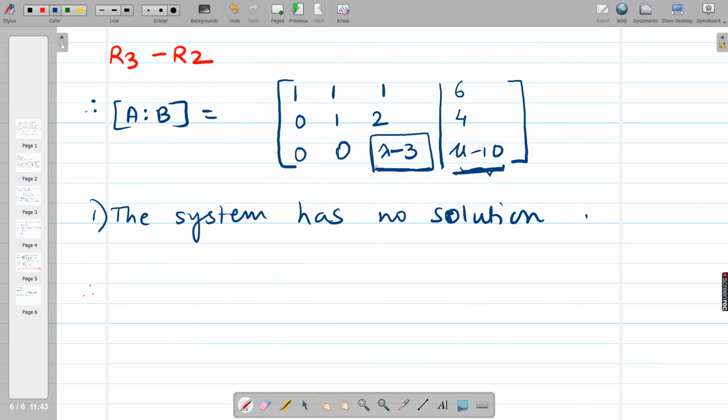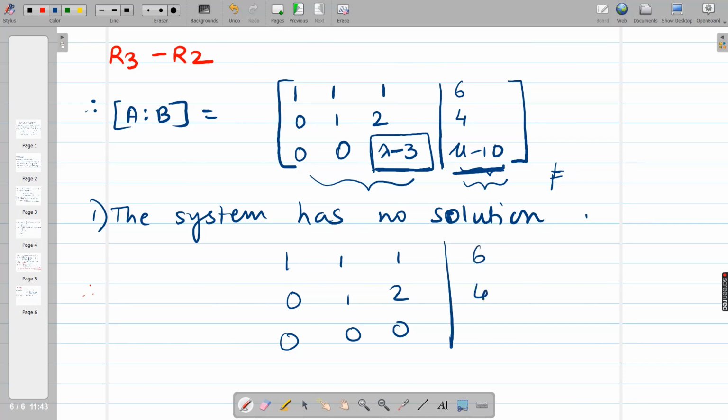When this is 0 and this is not equal to 0. That means you have the same thing which I had written just now, 0, 1, 2, 0, 0, 0, and you have some non-zero entry over here. So let me call this some P. Mu minus 10 I am replacing by P, which is not equal to 0.